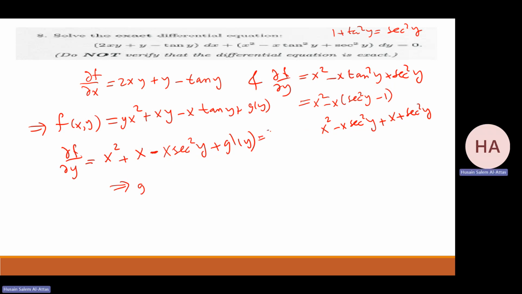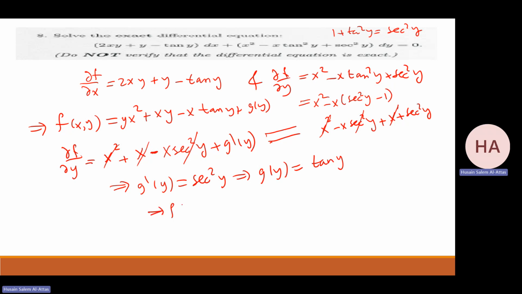This one should equal partial f. I need to manipulate the calculation. This one cancelled, this one cancelled, and this one cancelled. So g prime of y equals secant square y. So g of y will be tan y.